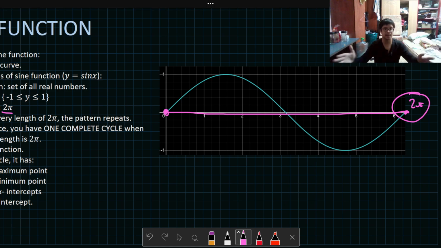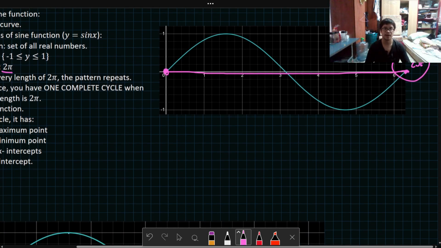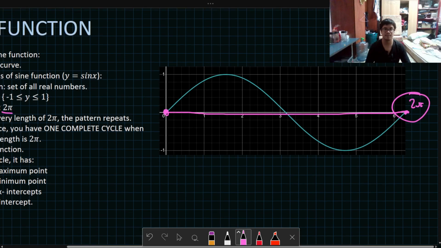After you reach 2 pi units, what happens? The pattern repeats again. Let me show you the graph again.